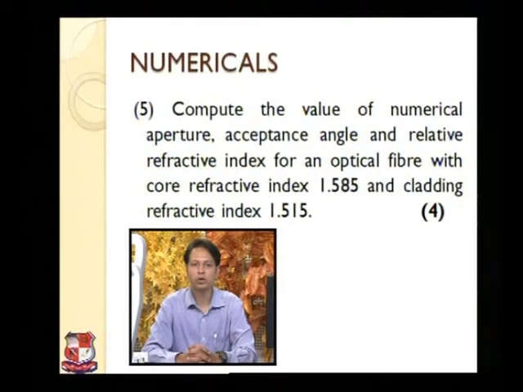Here the values of core refractive index, that is 1.585, and cladding's refractive index, that is 1.515, are given. These are the two values of refractive index. One refractive index is for core and another is for cladding.